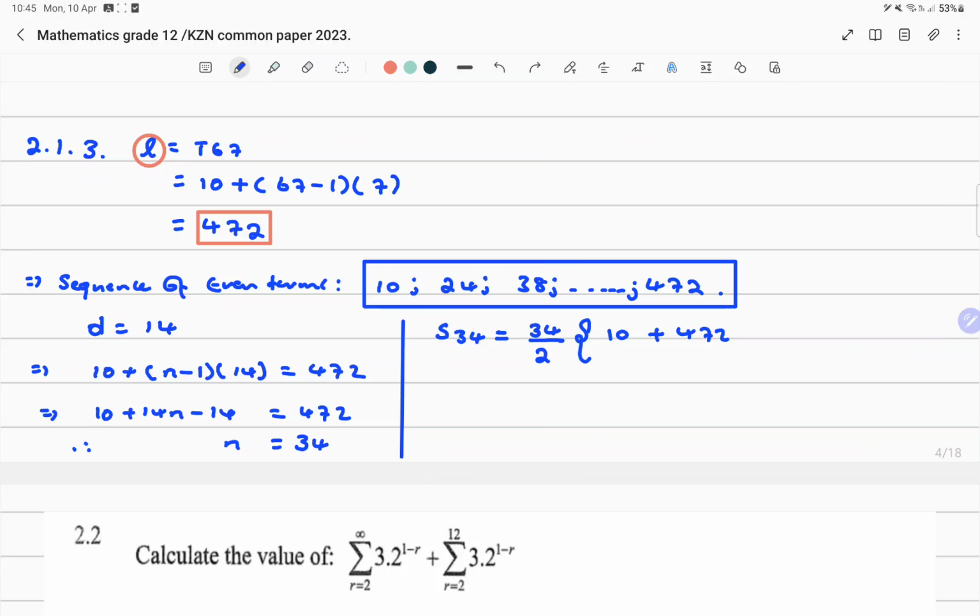So when you know the first and the last term, you just simply put them in there, nice and easy. So let's do it. 34 by 2 into 10 plus 472 gives us 8,194. Okay, so that is it.